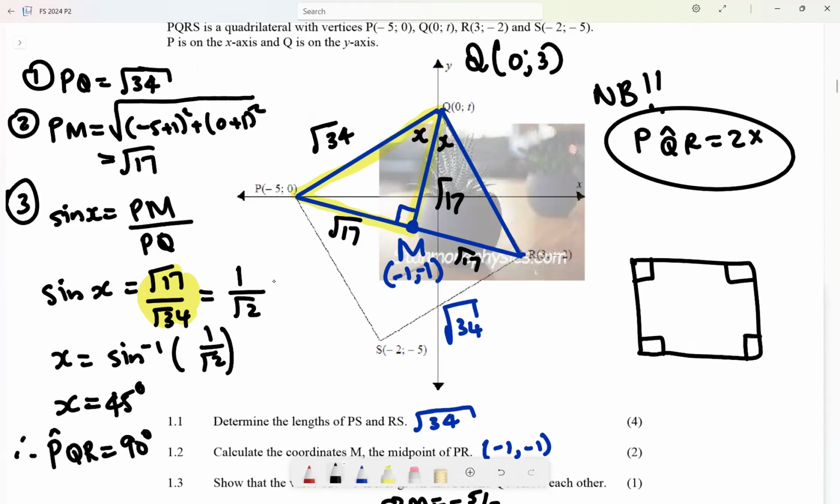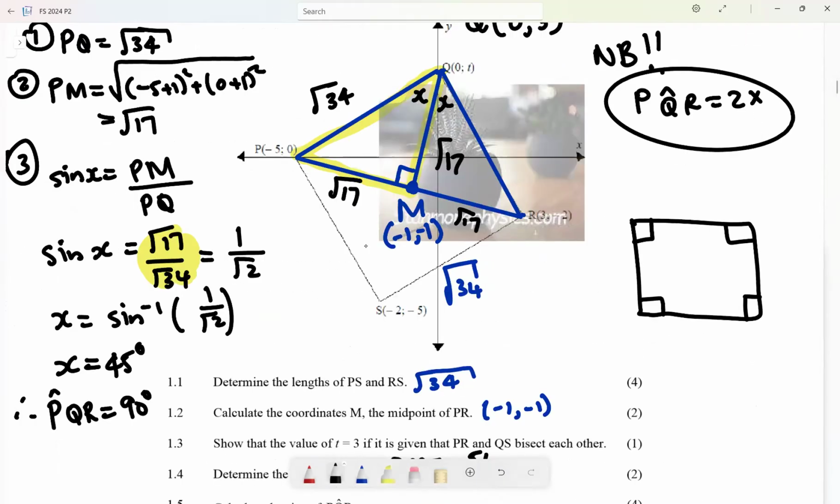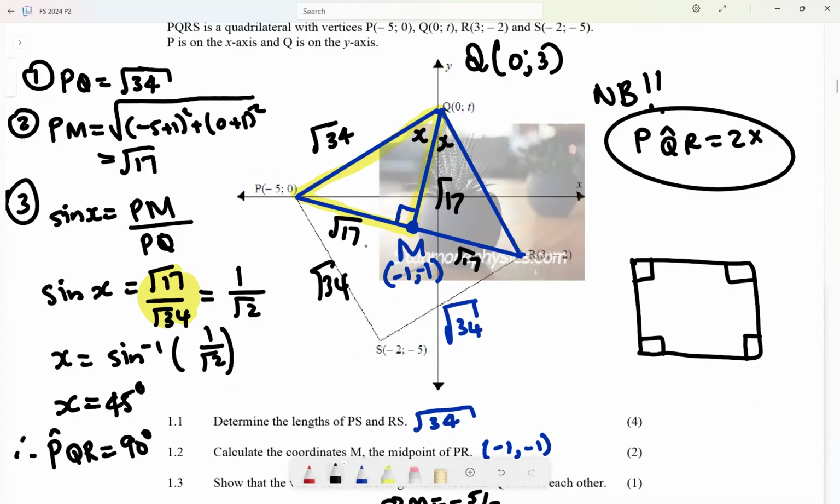Can you see now the length is equal? Another thing that you can say is all four sides are equal. You can prove that. Remember, we proved this one is square root of 34, this one is square root of 34. You can also check this one if you're not so sure.